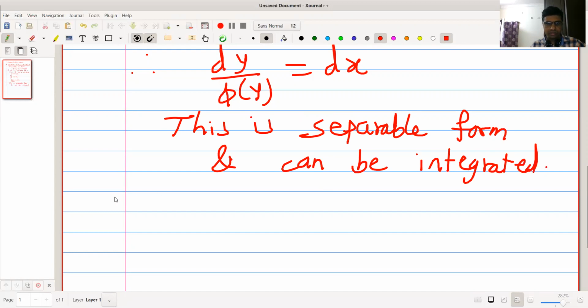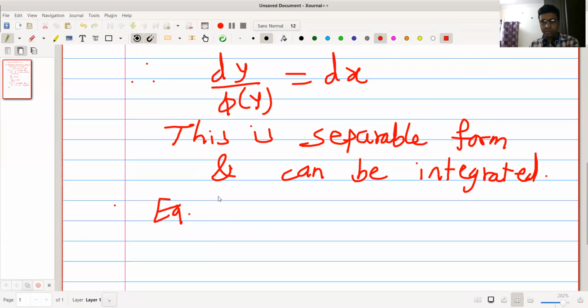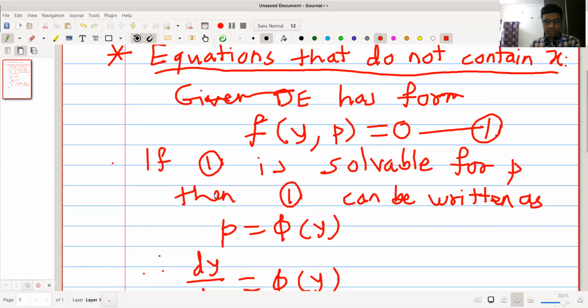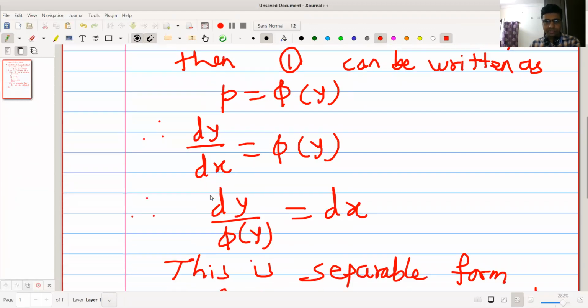Another case is equation 1 is solvable for y.